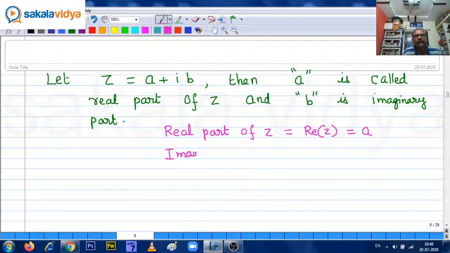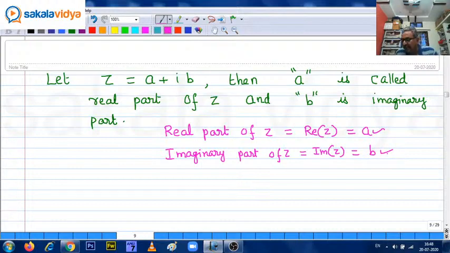Imaginary part of z, Im of z, is b. Don't write i, b. This is called real part. This is called imaginary part. Understood now? So now I will give some questions. You need to answer now.